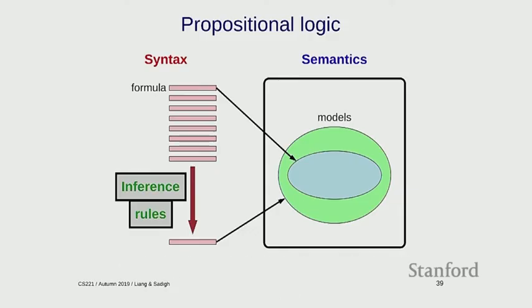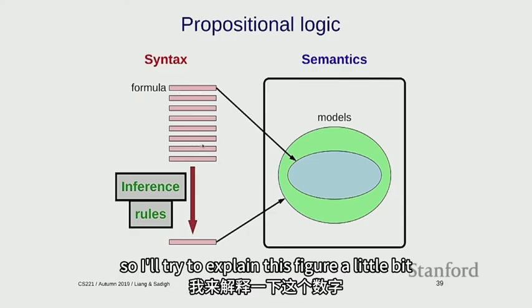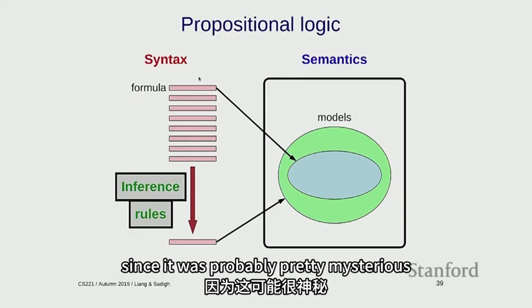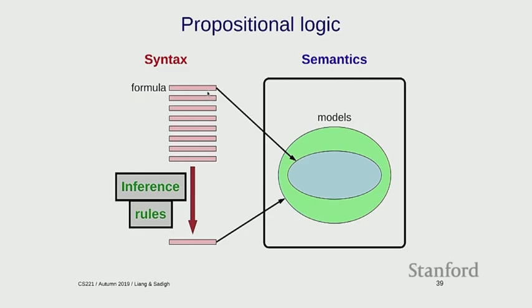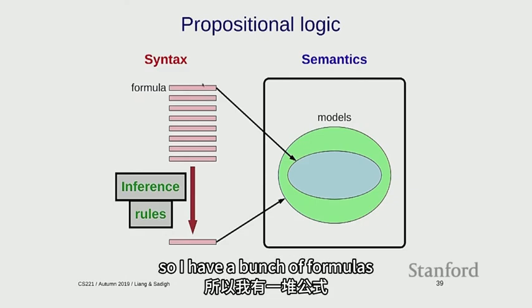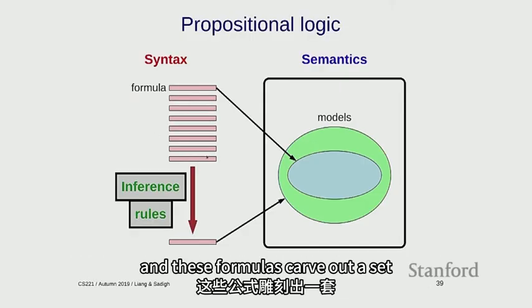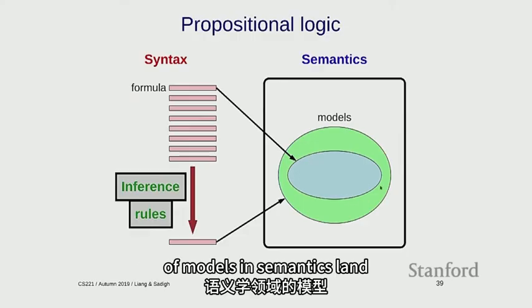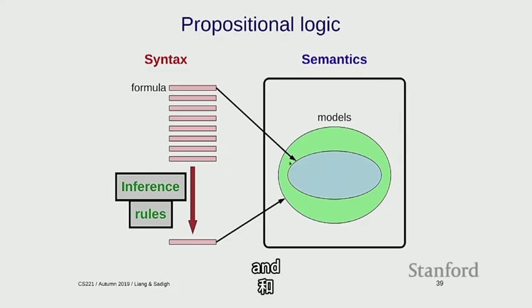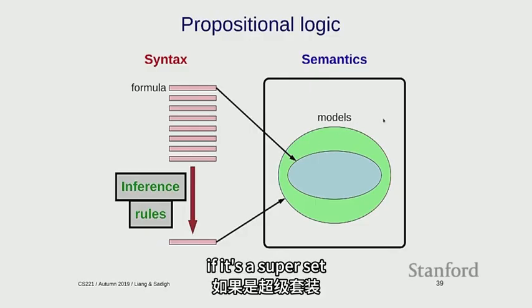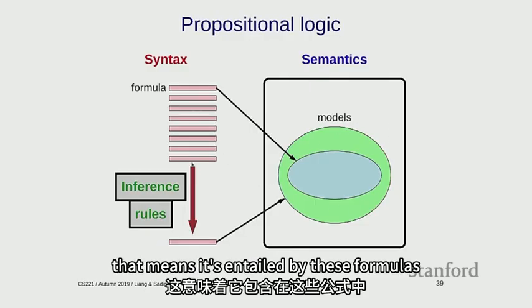So I'll try to explain this figure a little bit since it was probably pretty mysterious from the beginning. I have a bunch of formulas. This is my knowledge base. Over time, I accrue formulas, and these formulas carve out a set of models in semantics land. And this formula here, if it's a superset, that means it's entailed by these formulas.